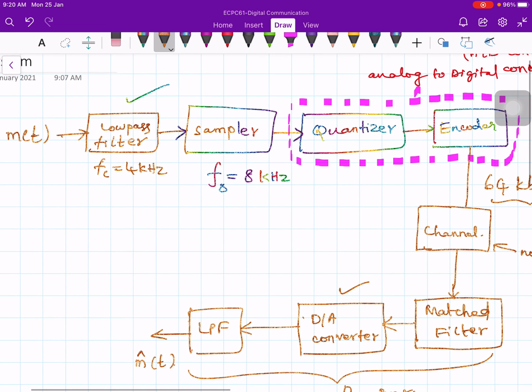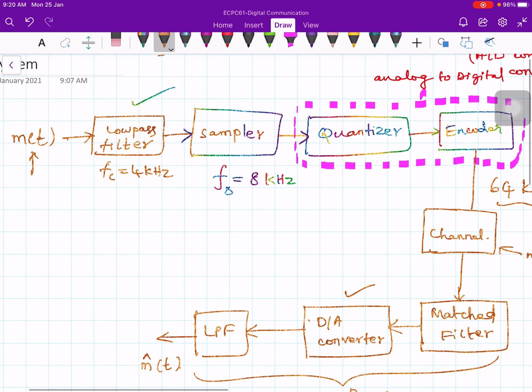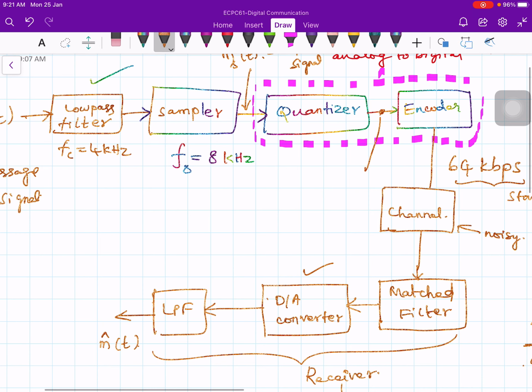Here m(t) is the message signal, and at this point you will get m_s(t), that is the sampled signal, and here at this point you get m_q(t), that is the quantized signal.